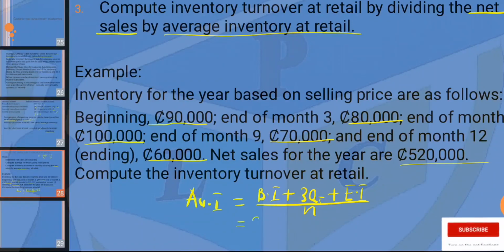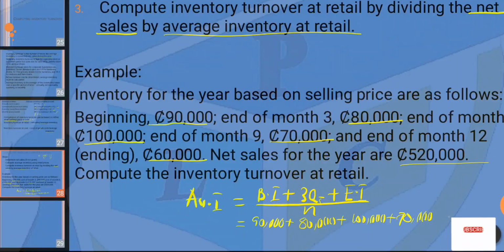So it's going to be 90,000 plus 80,000 plus 100,000 plus 70,000, and lastly plus 60,000, which is the ending inventory, which forms part of all the quarters, and then divided by 5.